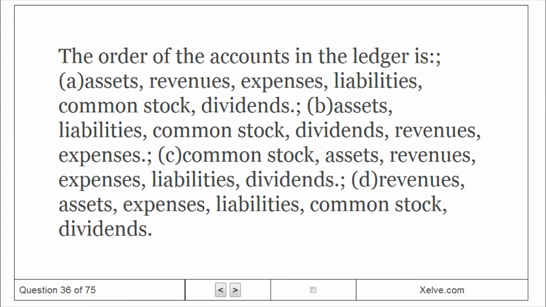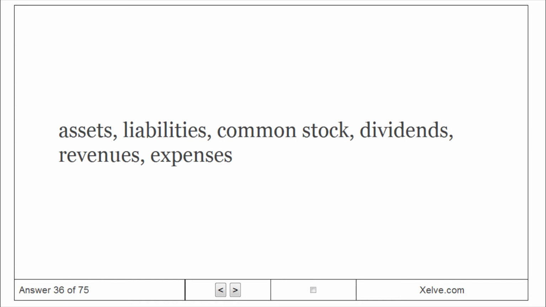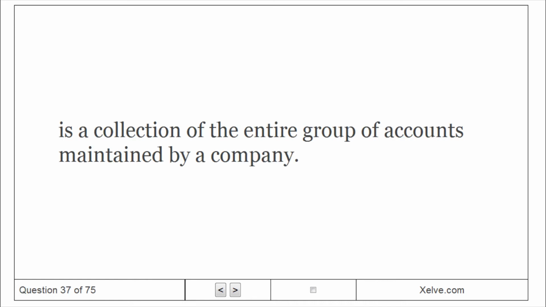The order of the accounts in the ledger is assets, liabilities, common stock, dividends, revenues, expenses. A ledger is a collection of the entire group of accounts maintained by a company.